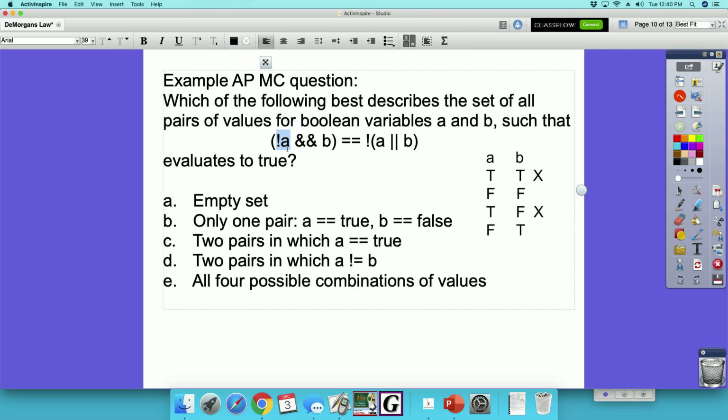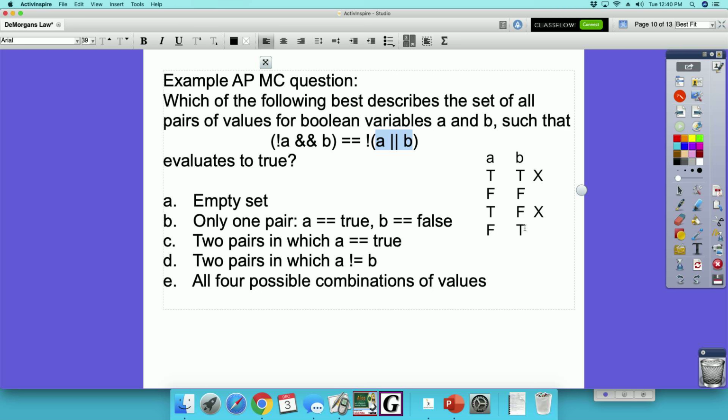So the left-hand side is true because you have a true and a true. Now let's go to this side. A is false. B is true. You only need one true to make this whole thing true. So not true is false. The left-hand side is true. The right-hand side is false. So that's not true.